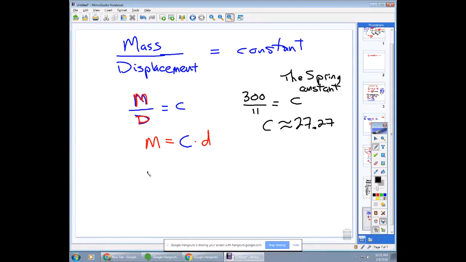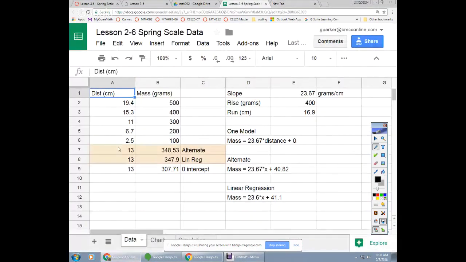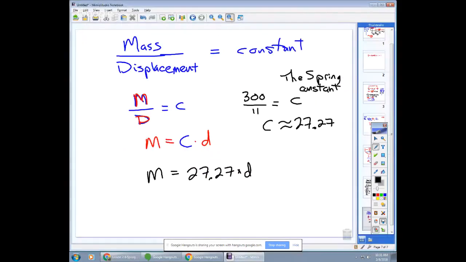So that way I can figure out the mass by taking 27.27 times whatever I noticed the displacement to be. Oops, sorry, I switched to a lowercase d. Sometimes that matters. Here it doesn't. So then with my cup, what did I notice for the mystery weight? I had a displacement of 13.